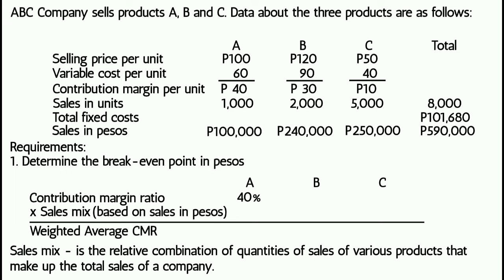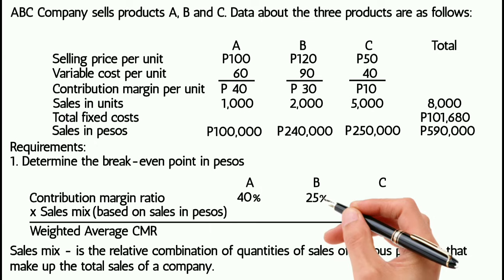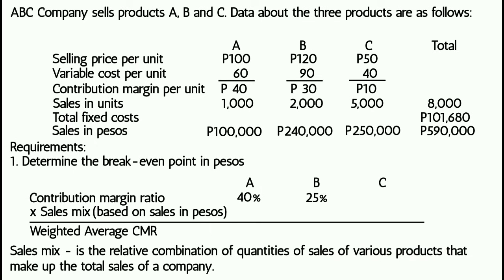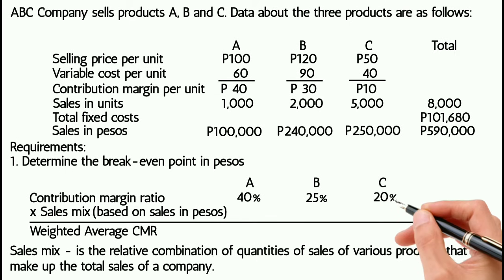Ang selling price per unit ay 120 pesos. 30 pesos divided by 120 pesos, that is equal to 25%. Sa product C naman, ang contribution margin per unit ay 10 pesos. At ang selling price per unit ay 50 pesos. 10 pesos divided by 50 pesos, that is equal to 20%.